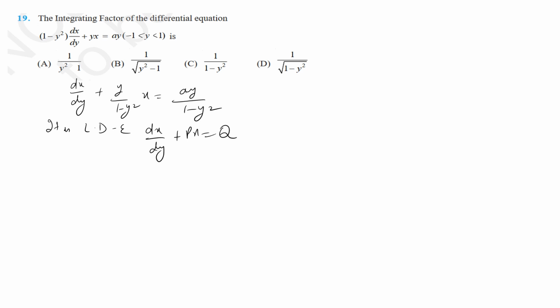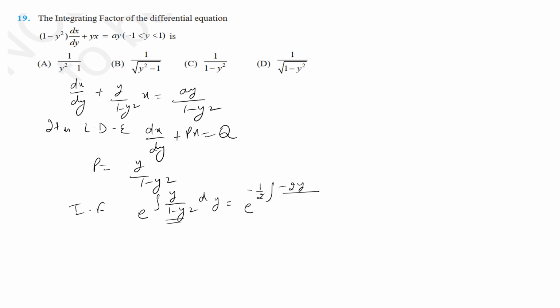So p here is y upon 1 minus y square, and the integrating factor for such type of differential equation is e raised to power integral of y upon 1 minus y square dy, right? So to integrate it, I know the derivative of this is minus 2y, so I'll multiply and divide by minus 2.